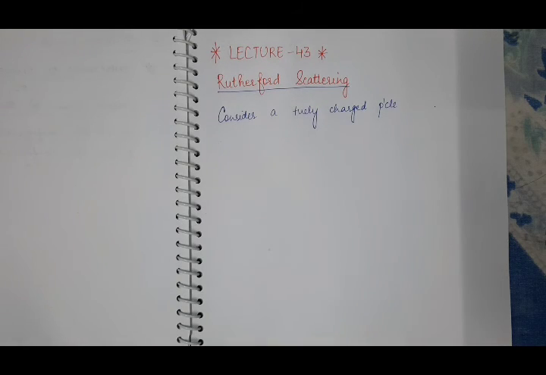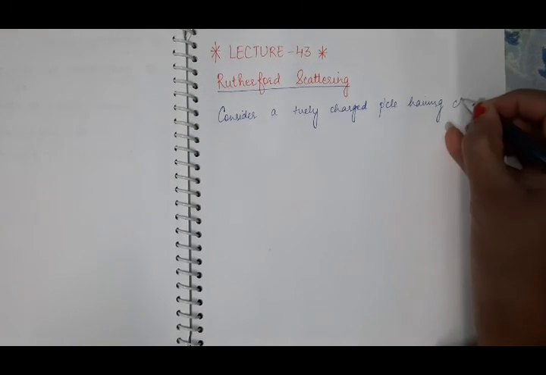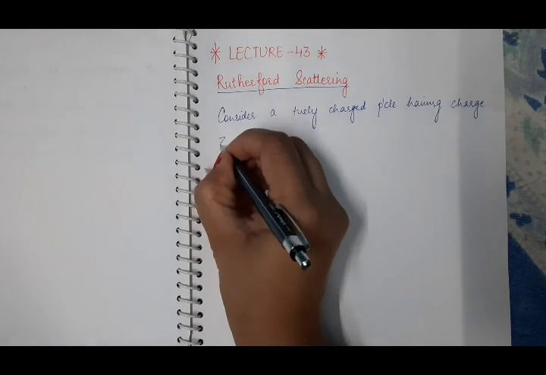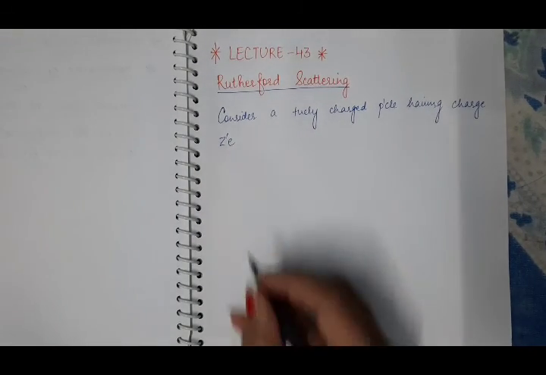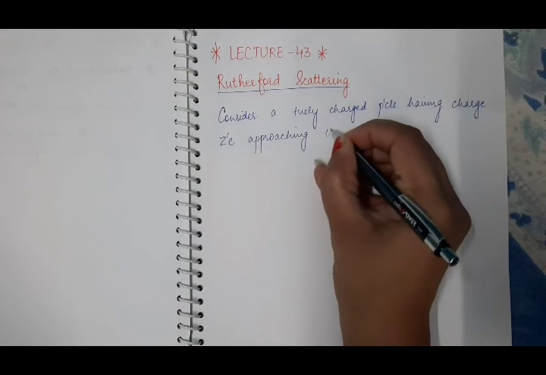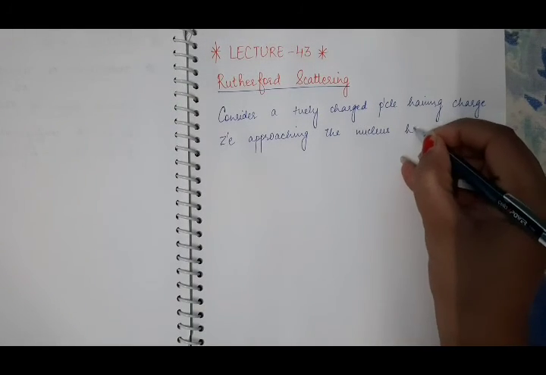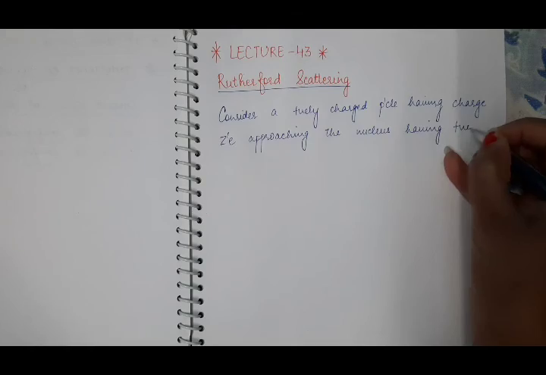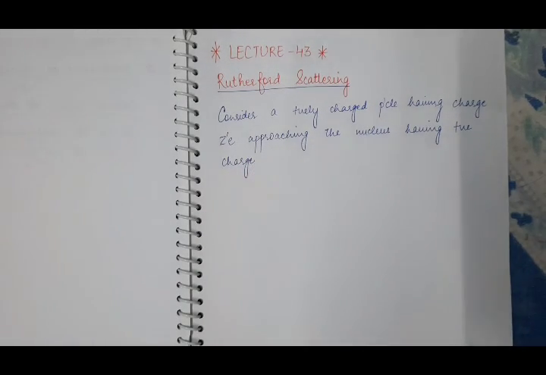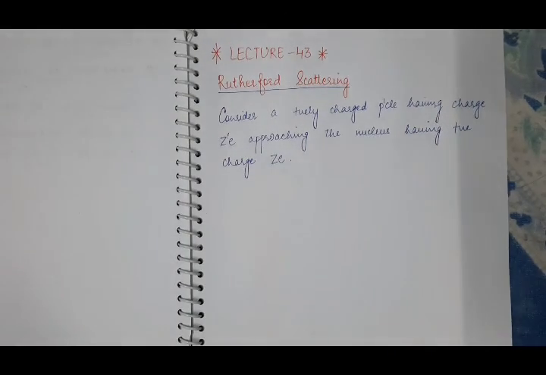So consider a positively charged particle having charge Ze, and it is approaching the nucleus having positive charge Ze, and as you know, when this positively charged particle approaches the positively charged nucleus, there will be Coulomb interaction between them.